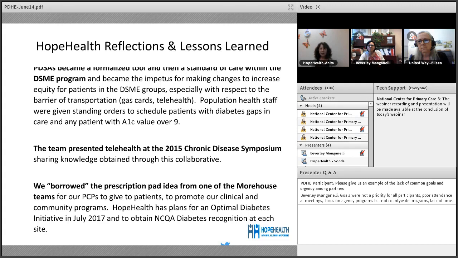The other thing is that we've added a population health department, and we've added standing orders for referring patients who have A1Cs over 9%, or those folks who have gaps in care, like they haven't had their retinal screening or their diabetic foot exam.